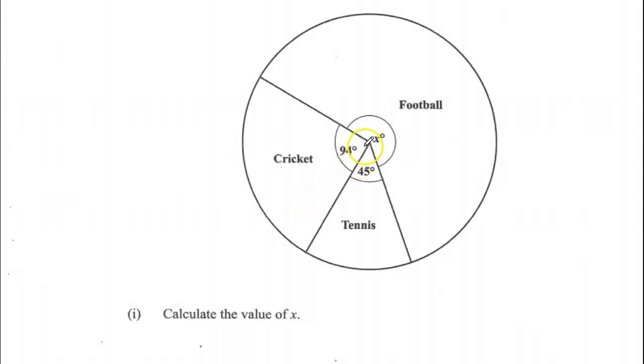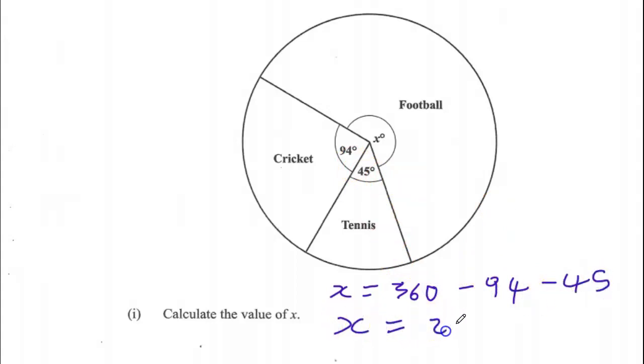So the value of X, remember that the sum of the angles in a circle, that's 360 degrees. Which means the value of X would be 360 minus these other angles, right? So minus 94 minus 45. So X would be 221. Alright, so 221 degrees for football.